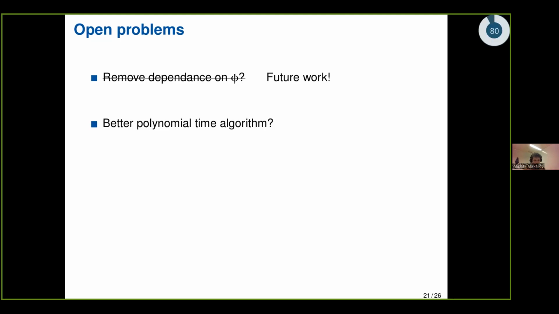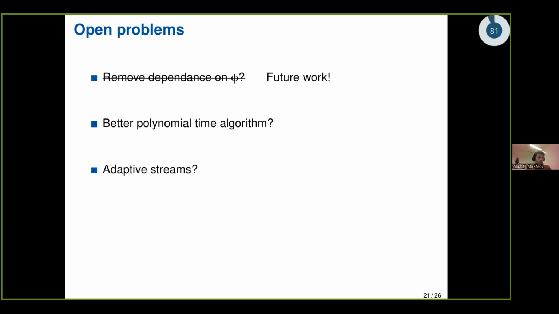Now let me talk about some open problems. The first open problem is to try to remove the dependence on the parameter phi, and we are working on it right now, so stay tuned. The second open problem is to improve the quality trade-off for the polynomial time algorithm, preferably to match the ones that we get in a classical setting.